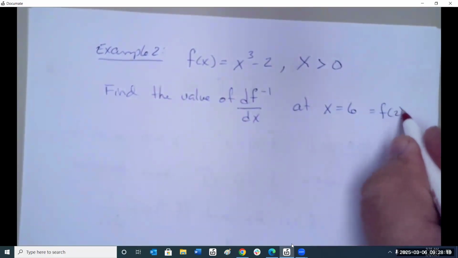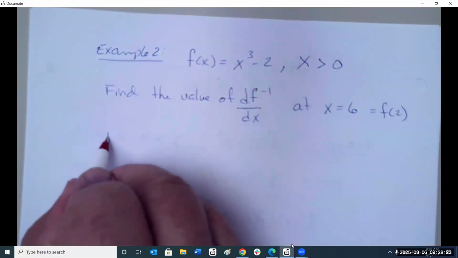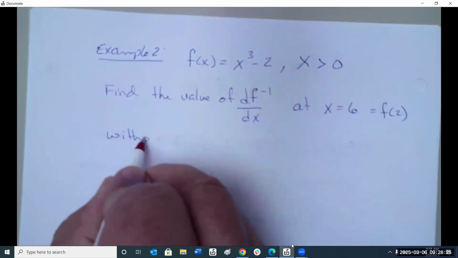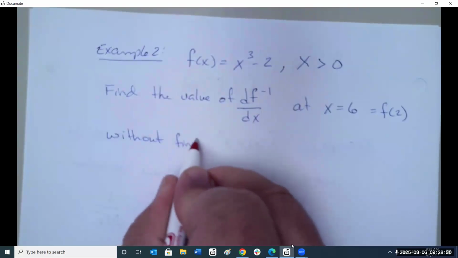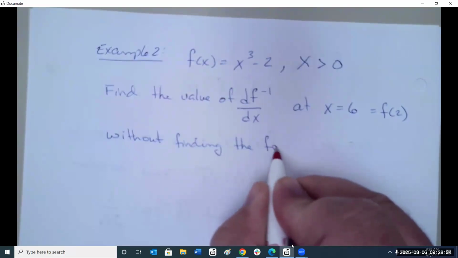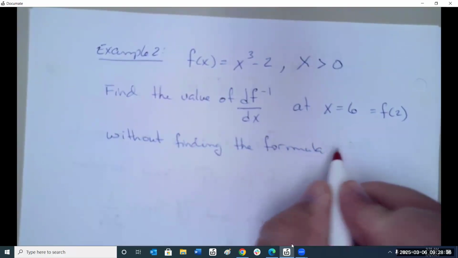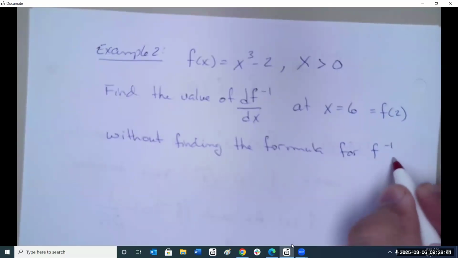That's f of 2. Without finding the formula for the inverse.